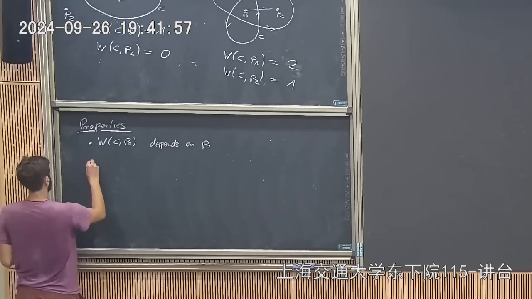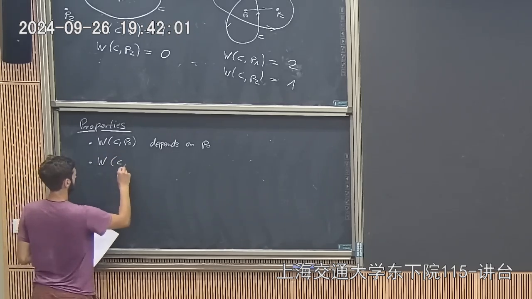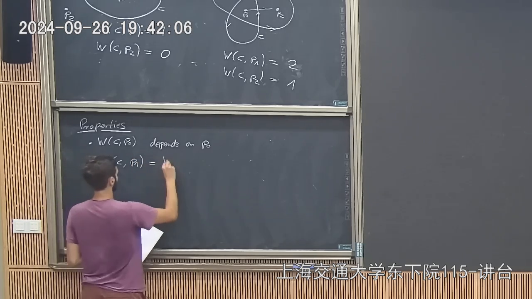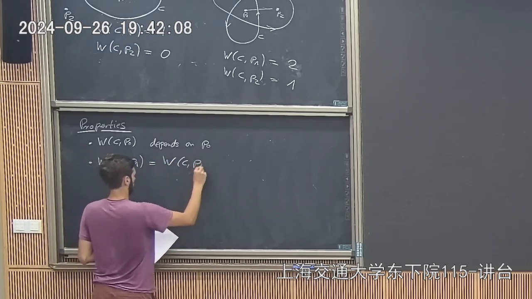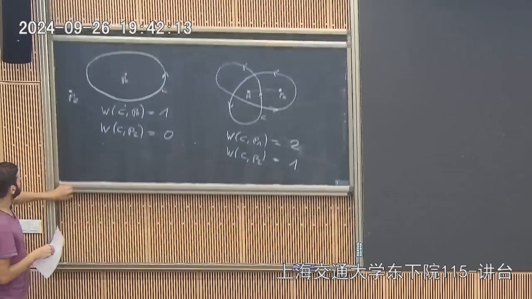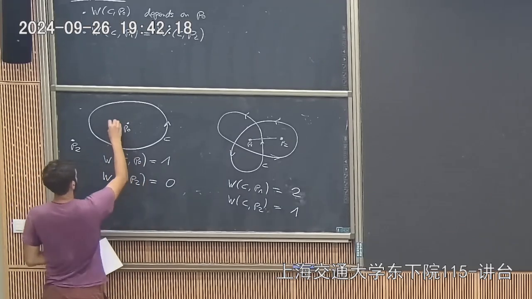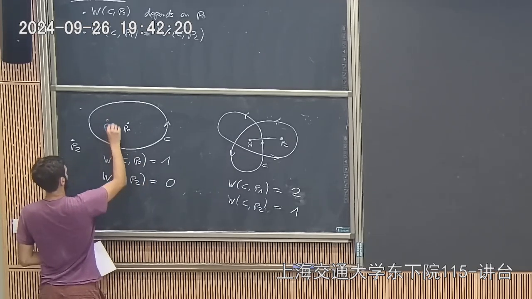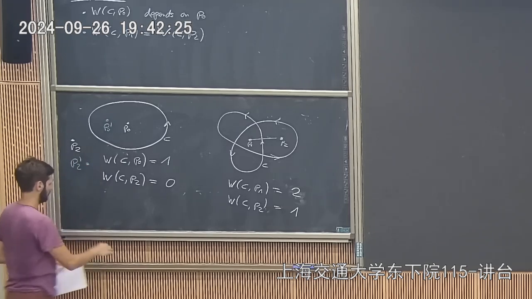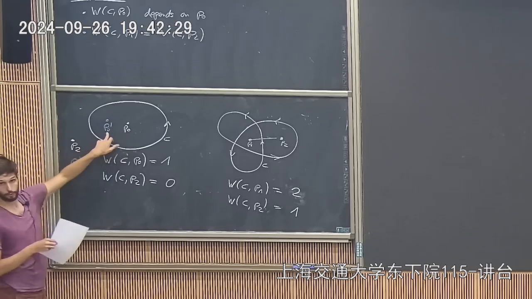There's something where it's actually independent, and that is that if you can vary the point slightly. So if you choose some other point, then the winding number around this point and this point will be the same.